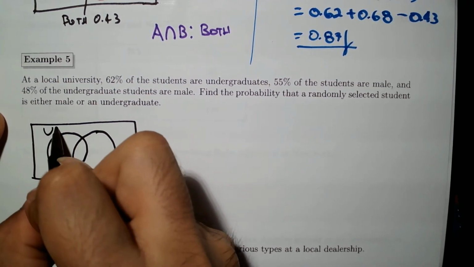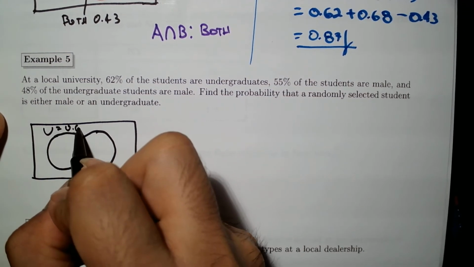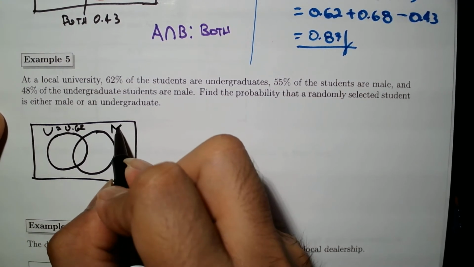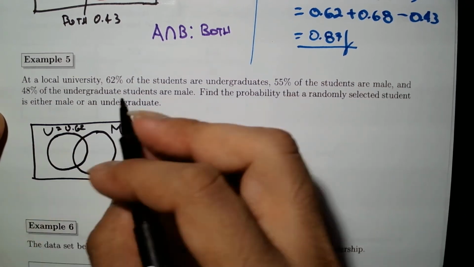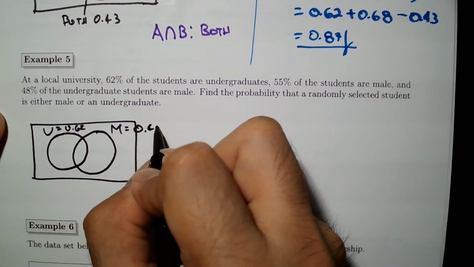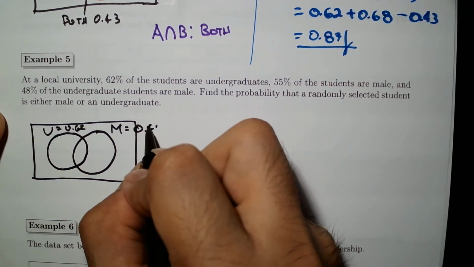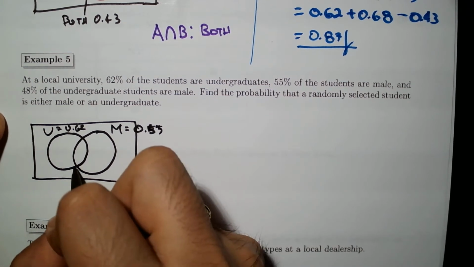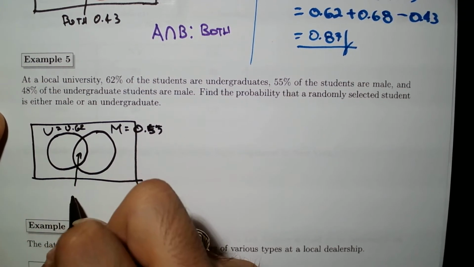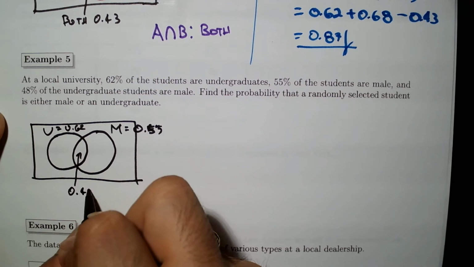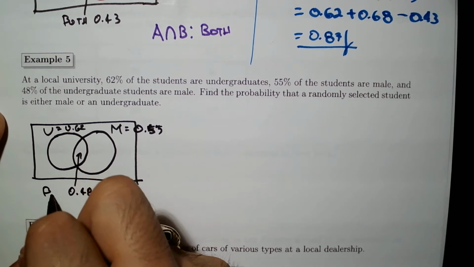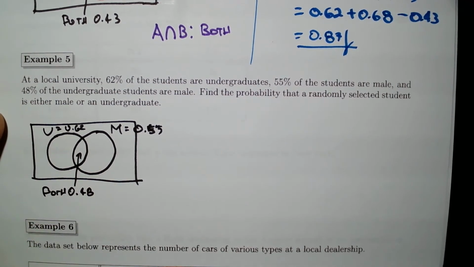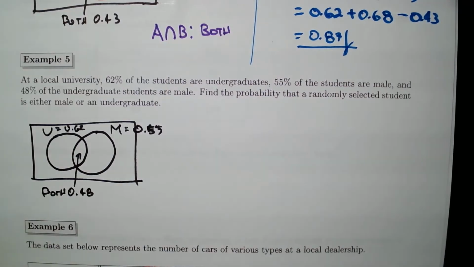Some undergraduates, male, and 0.48, no, 55. And the intersection is 0.48. Okay, we are going to use essentially the same idea.